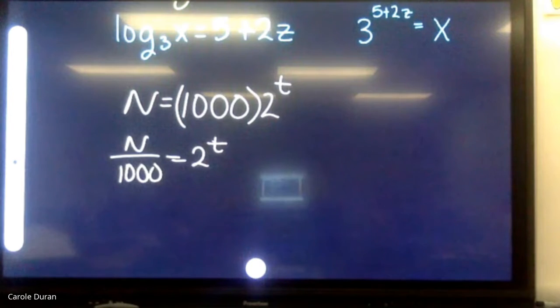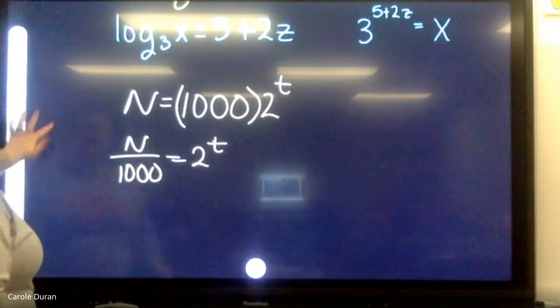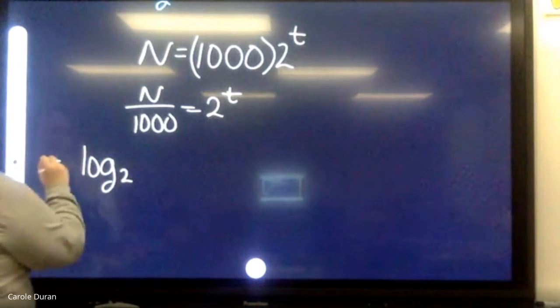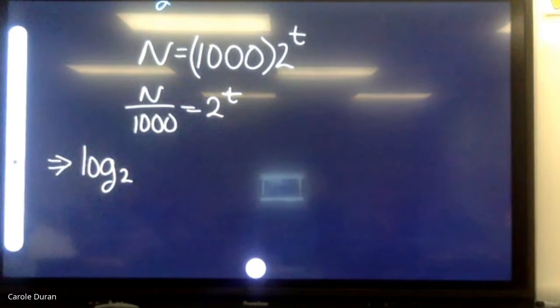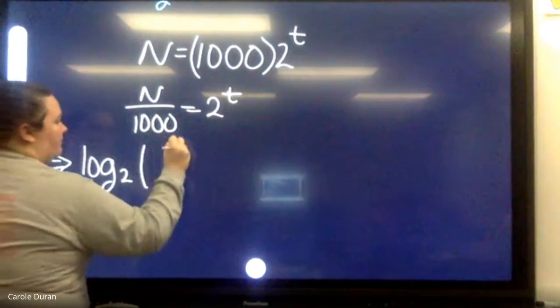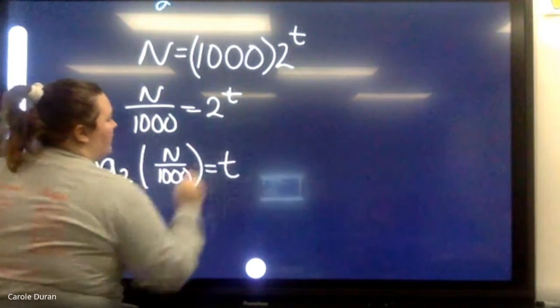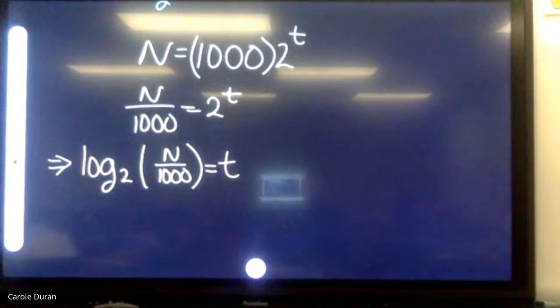We've explored that every logarithm can be rewritten as an exponential, which means every exponential can be rewritten as a logarithm, and that will bring my variable down to the same level. So the base of my exponential is the base of my logarithm. This becomes log base 2 of what it's equal to, which is n over 1,000, equals the exponent of my exponential.